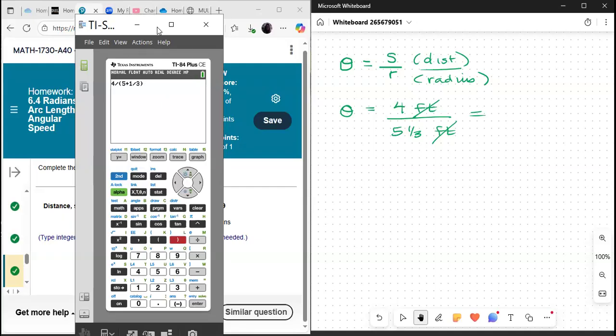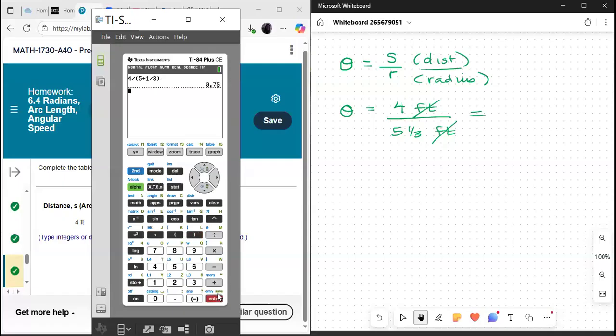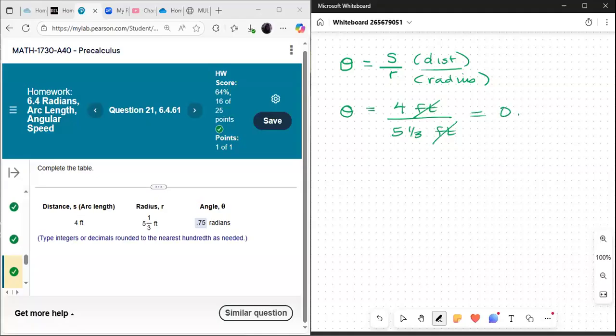It's asking to express it as either an integer or a decimal rounded to the nearest hundredth. So we press enter, and we get 0.75. And we are in radians.